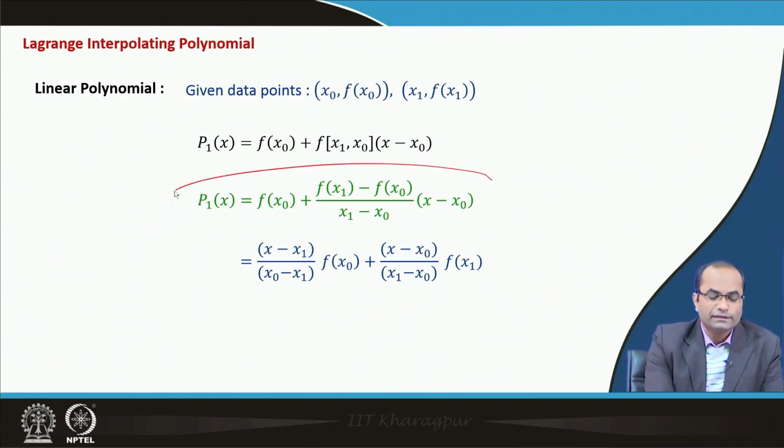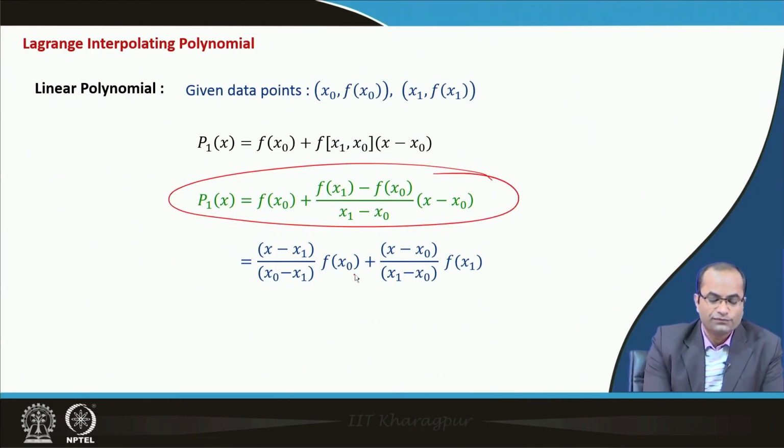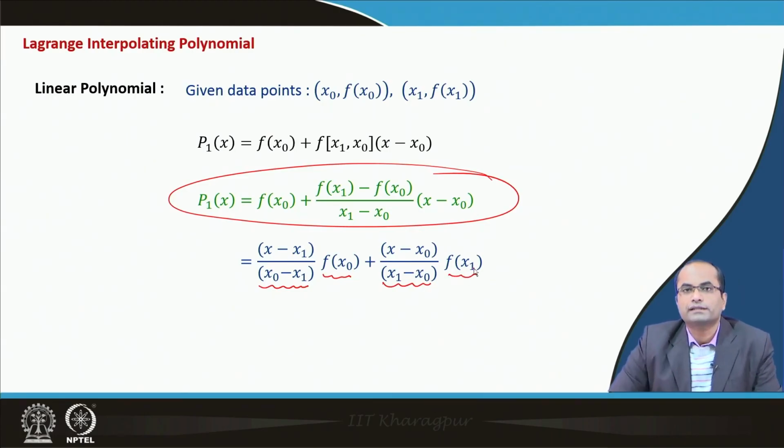So, we have rewritten this polynomial of degree 1 in this form, where we have some polynomial here, the value of the function, again this polynomial of degree 1 and then f(x 1).